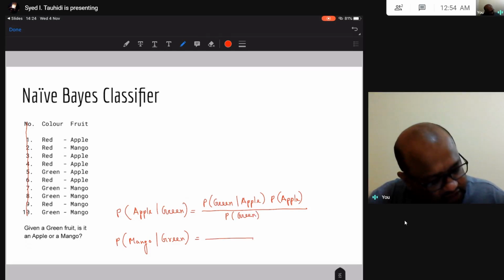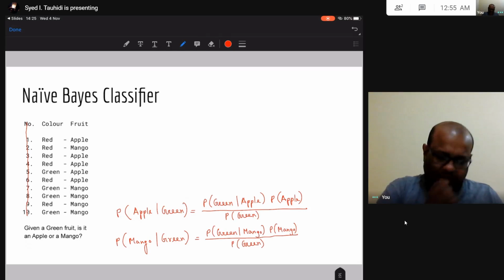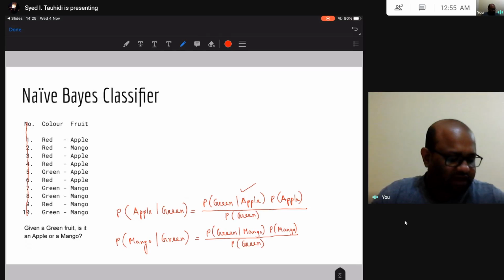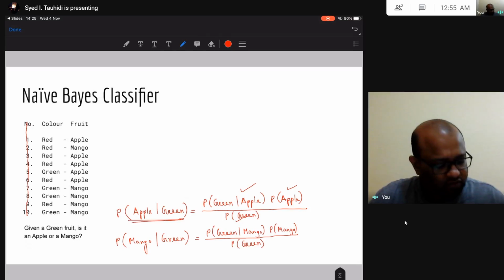Similarly, for the probability of mango given green, I first find the probability of the fruit being green given that the fruit is mango, then the probability of mango, divided by the probability of green. Now all these different components I have to figure out before I can calculate this.